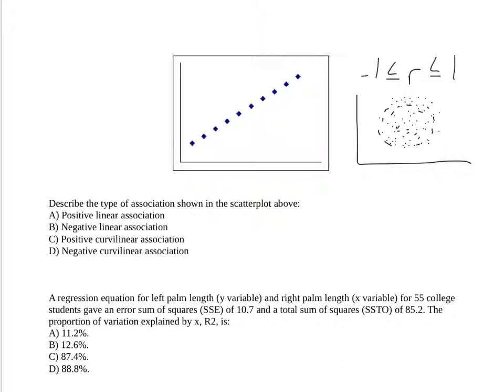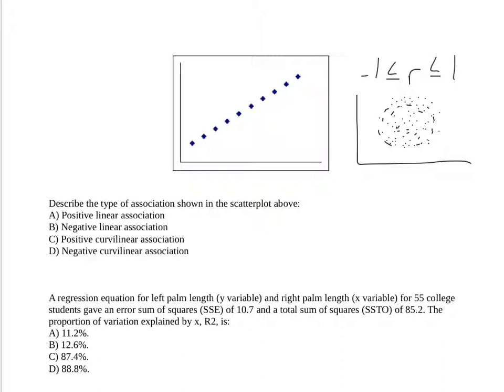Let's start with a correlation of +1. A correlation of +1 means every point falls exactly on the line. So if you drew a single straight line, it can encompass all the points. It's a very rare thing. The only time you see that is when you have what's called a deterministic relationship.